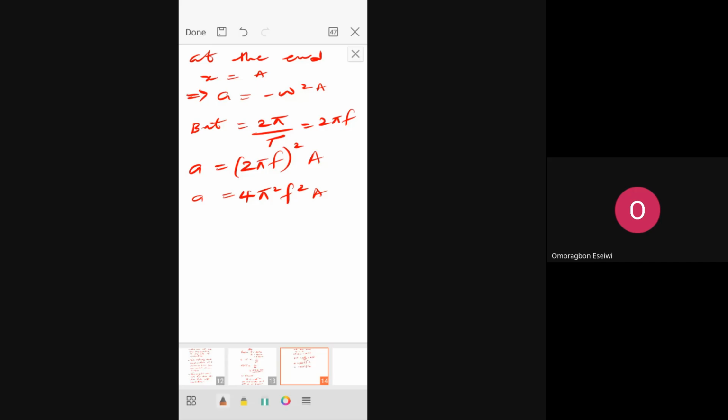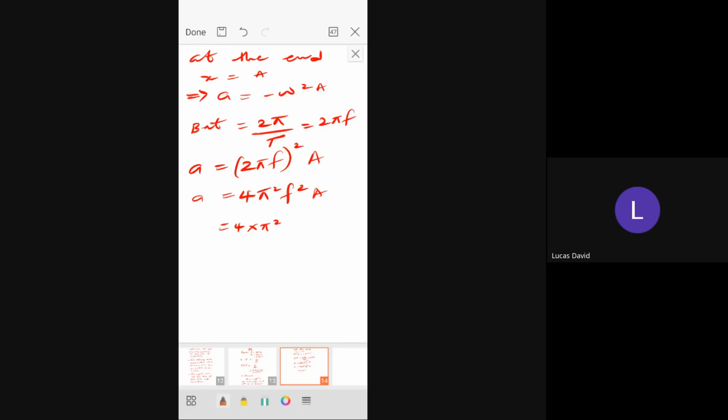Since I know the frequency, it was given from the equation that the frequency is 50 hertz. And then I know the amplitude to be 0.04. So I'll simply put in every parameter and then multiply. So this will give me 4 times, let me leave my pi like that. If you like, you can evaluate yours, but I want to leave mine like that, so my answer is going to be in terms of pi.